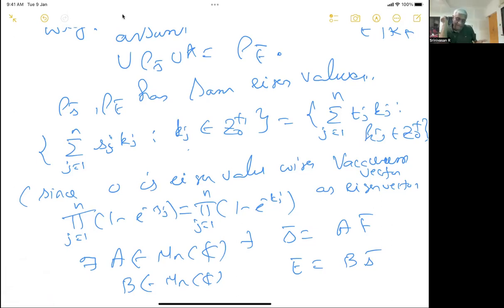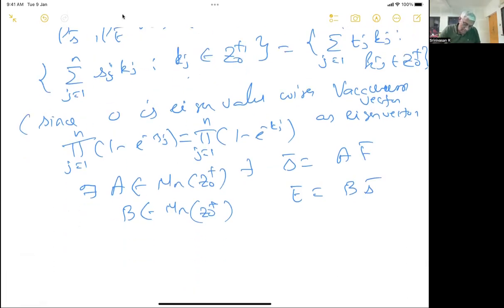So there exists an element, which is actually, sorry, not C, it is in fact Z0 plus, positive integers. A matrix with entries positive integers, such that S bar equals A T bar and T bar equals B S bar, correct?